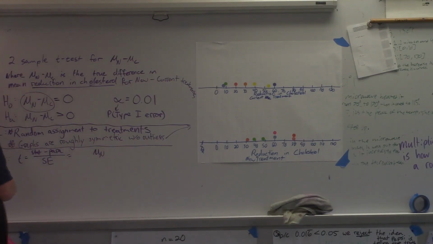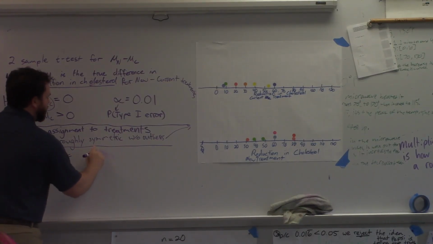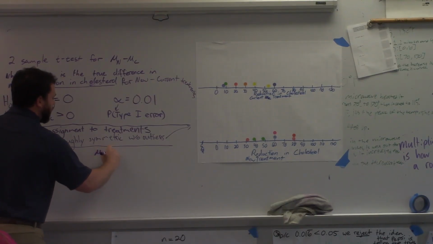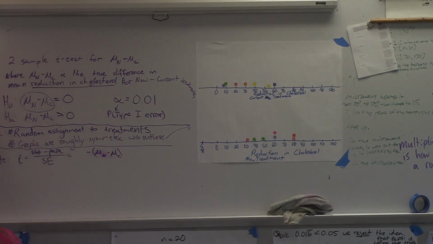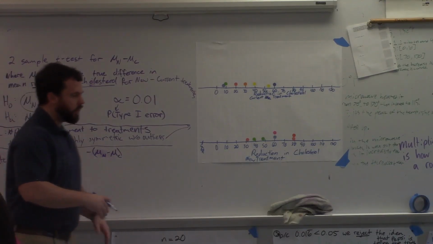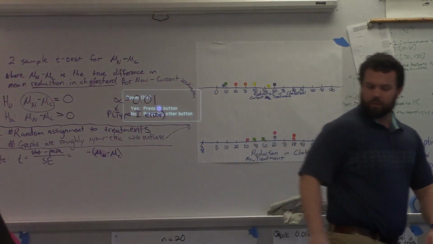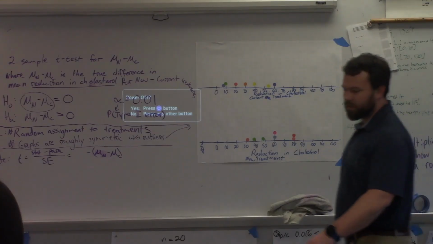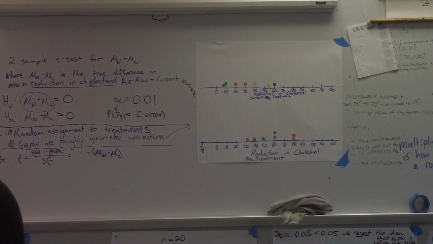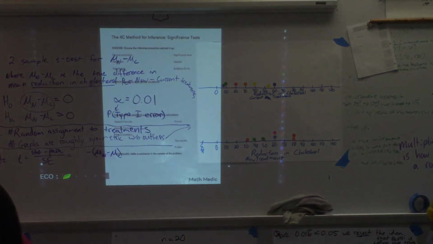Mu sub n minus mu sub c. So what's my statistic? What estimates mu? X bar. So it's x bar n minus x bar c.